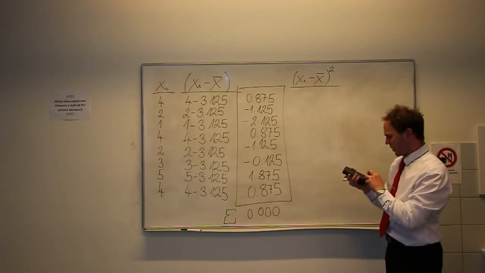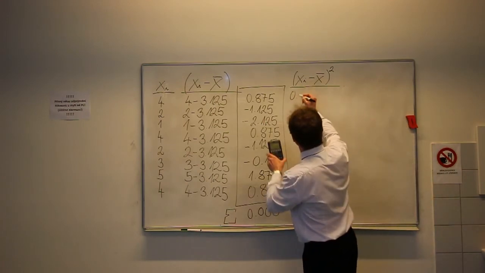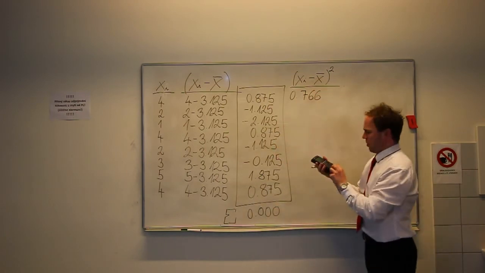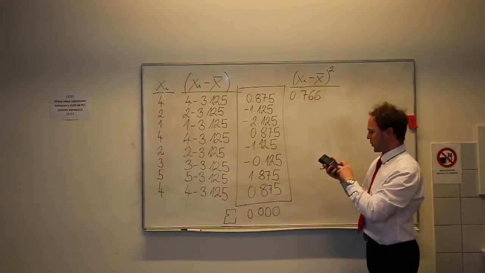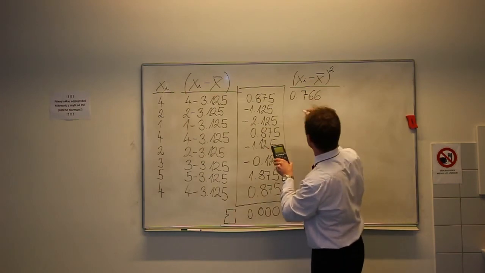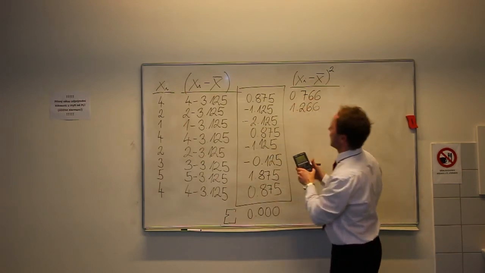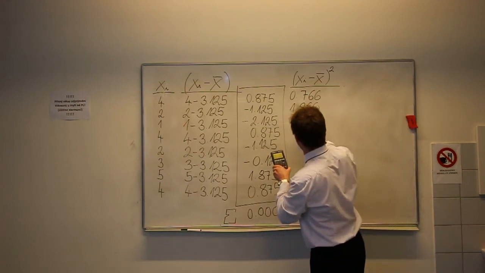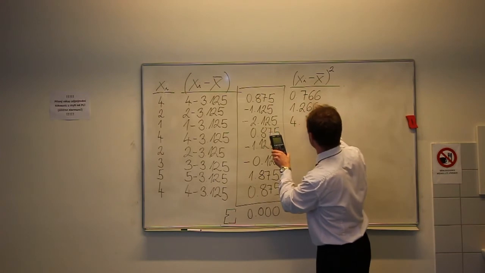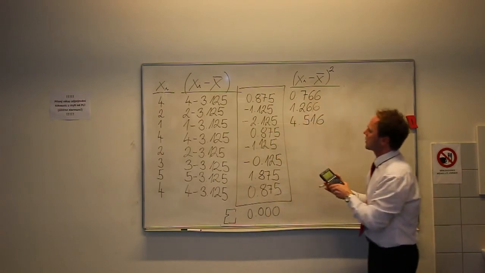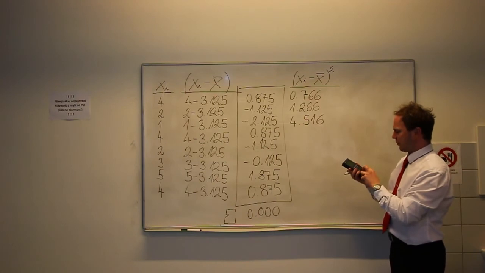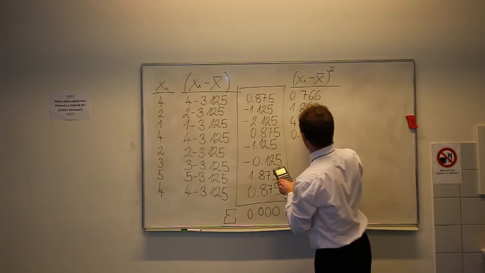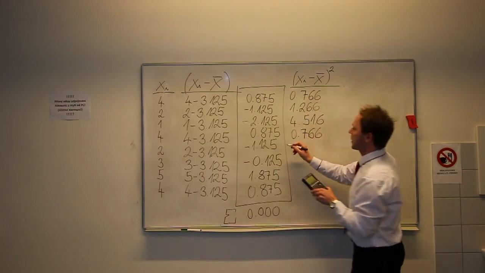0.875 squared is 0.766, 1.125 squared is 1.266, 2.125 squared is 4.516, 0.875 squared is 0.766.